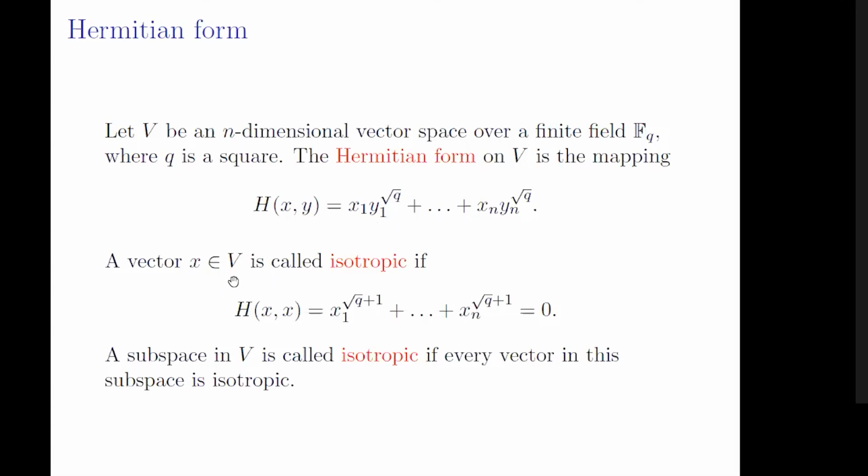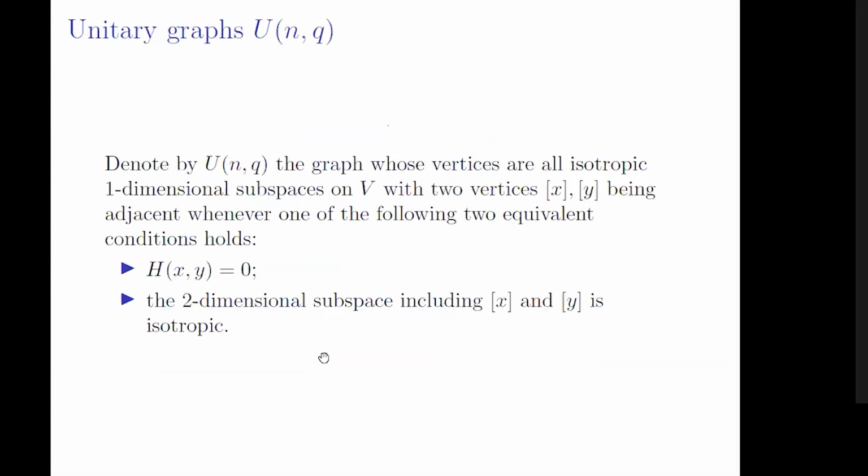The vector x of V is called isotropic if the Hermitian product of x with itself is equal to 0. A subspace in V is called isotropic if every vector in this subspace is isotropic.